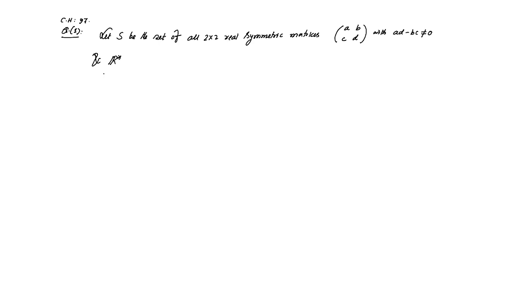Let S be the set of all 2 cross 2 real symmetric matrices with entries A, B, C, D with AD minus BC non-zero, that means the determinant is non-zero, and R star the set of all non-zero real numbers.